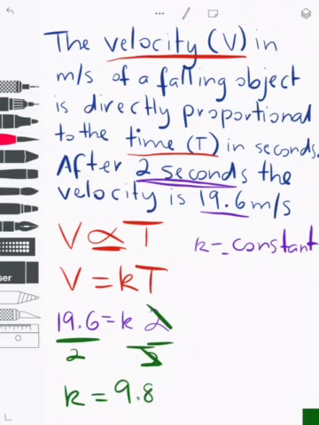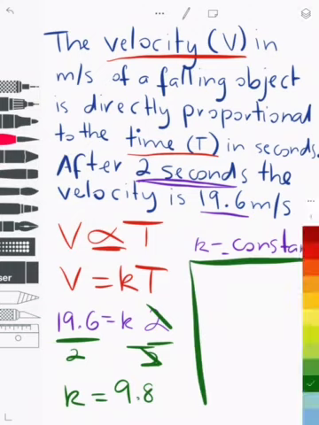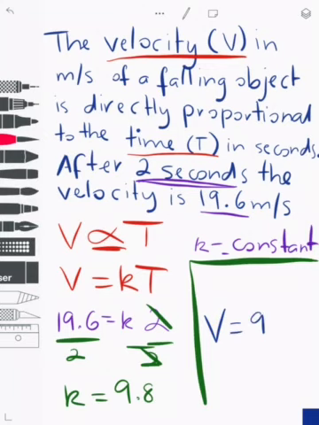So now I've figured out, using the numbers given, that k equals 9.8. My formula, which I'm going to use for any question, is v, because v would be unknown, equals 9.8t. And I can use that v equals 9.8t for any question.